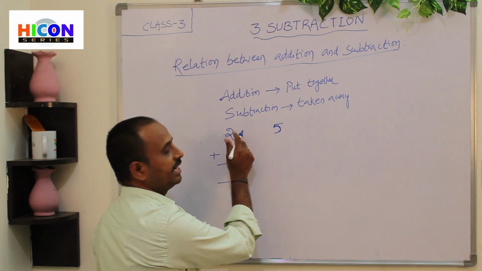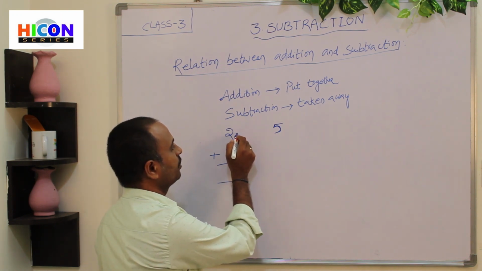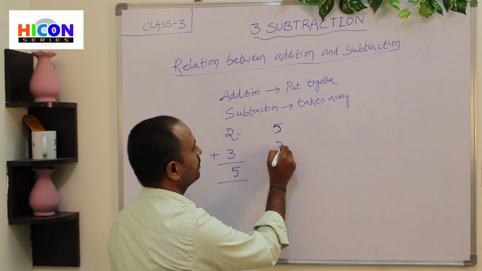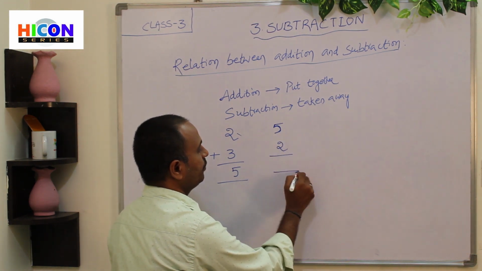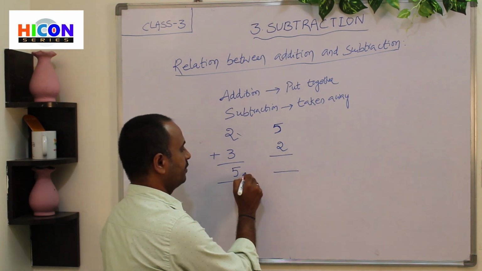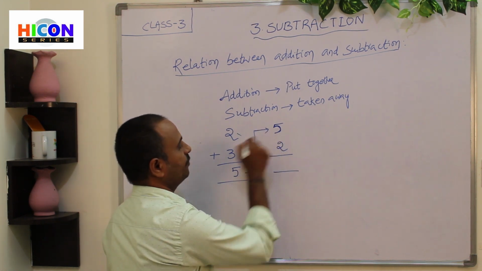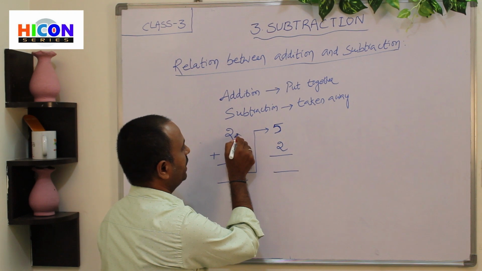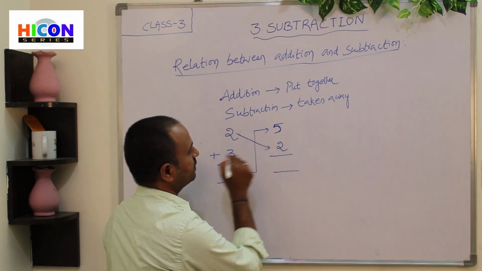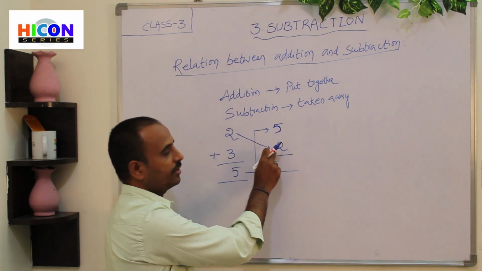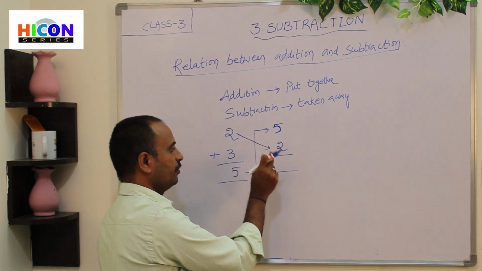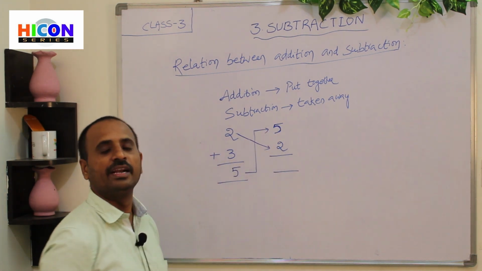If you take away 2 from 5, write 2 here, then what will you get? I have written 5 first and I have taken 2 as the second number. If you subtract the first number from the sum, then you will get the second number in the addition.